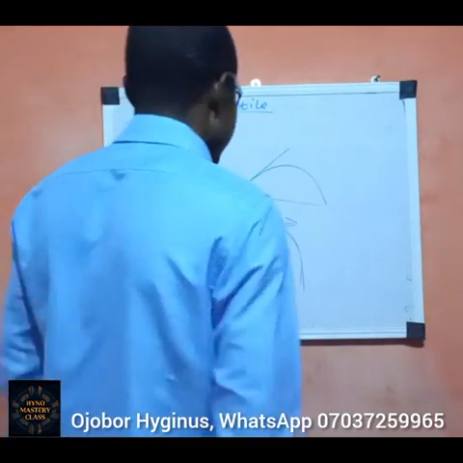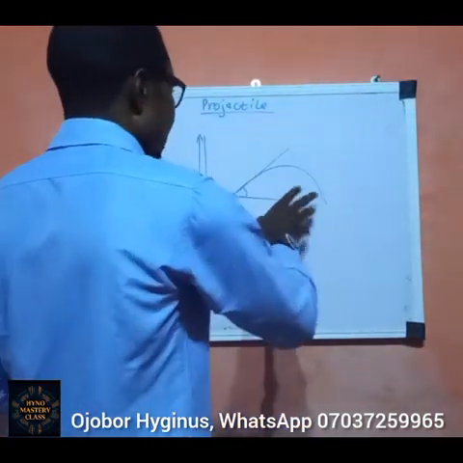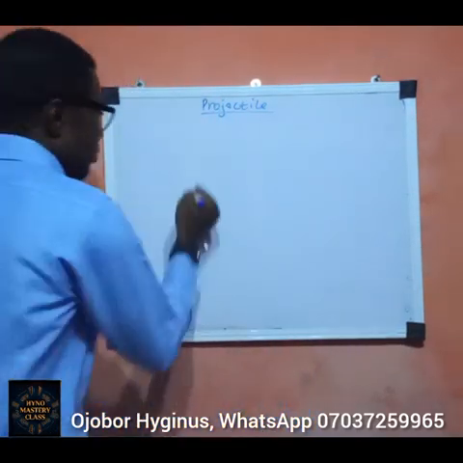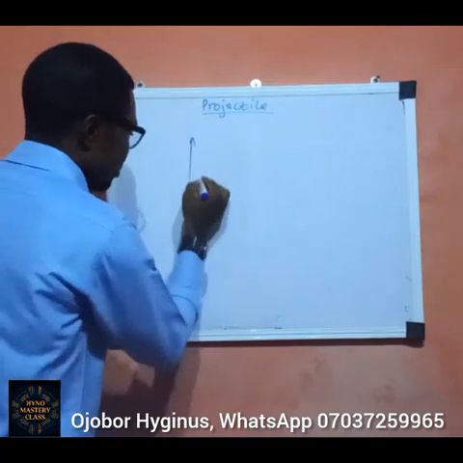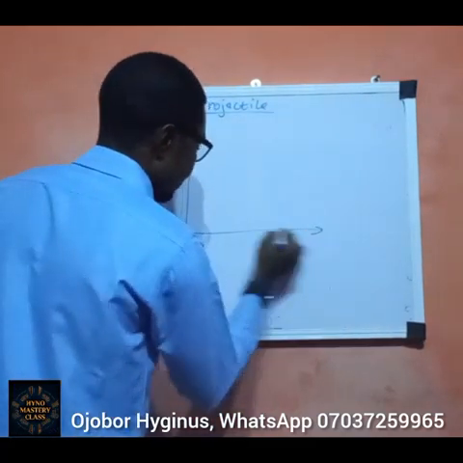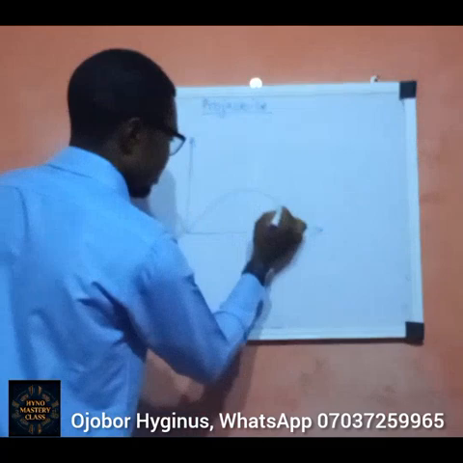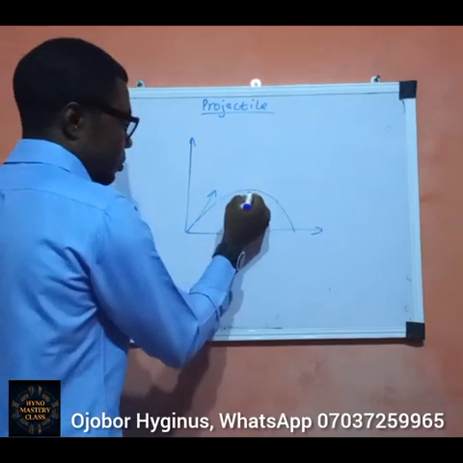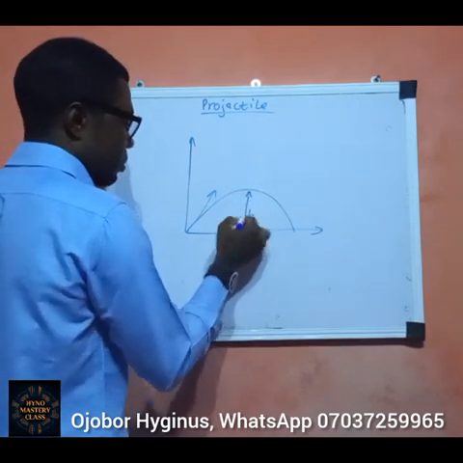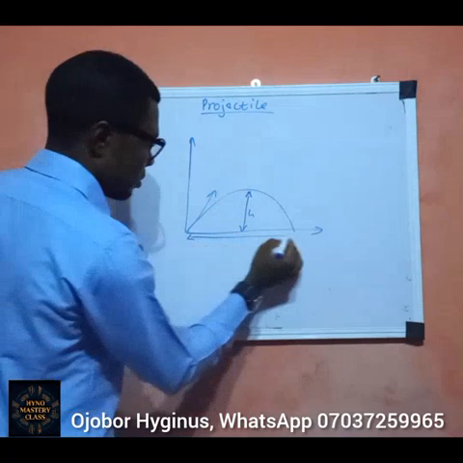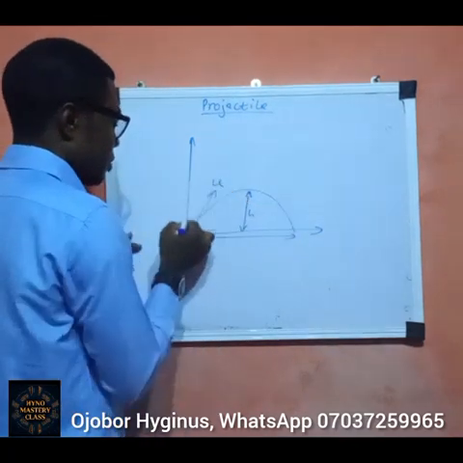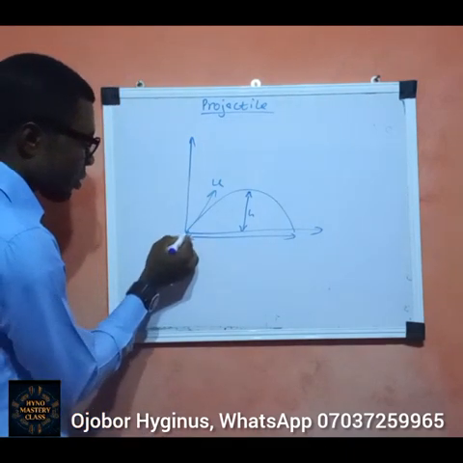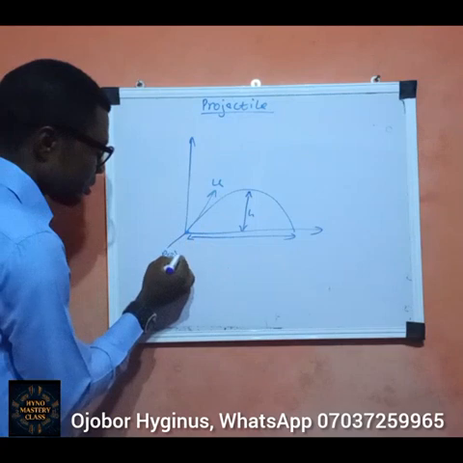So let's look at the terminologies or the parts of the trajectory of a projectile. If we have something like this to represent a projectile, this point is the point of projection.